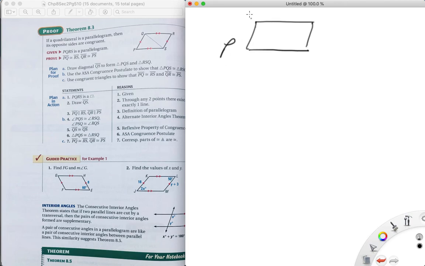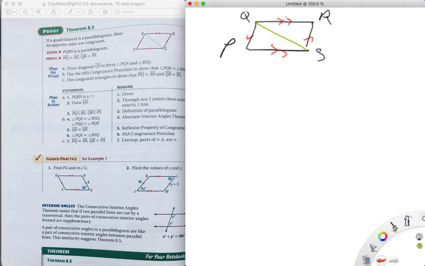we have a parallelogram PQRS. We're told it's a parallelogram, so if we know it's a parallelogram, then opposite sides are parallel. We draw some diagonal.